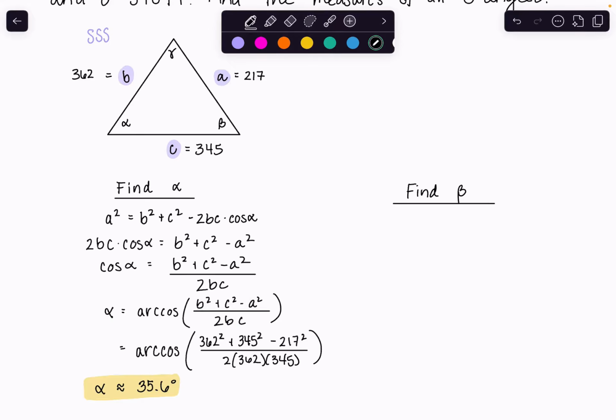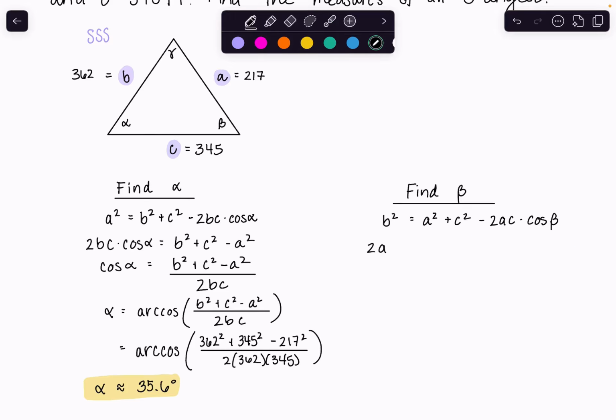But just to show you, since we're finding beta, that means B squared is on one side. The other two sides are A and C. And then we times that by cosine of beta. And again, doing the same rearrangement, we go ahead and add this to the other side, and then we subtract B squared.